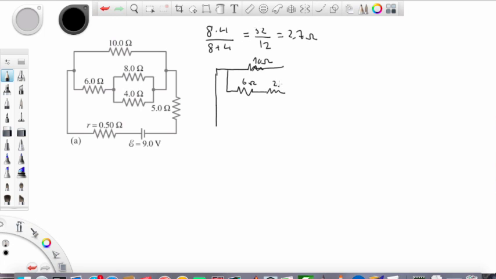Here we had 2.7 ohms, and then the rest is the same, so 5 ohms, and here we had 0.5 ohms and the battery. Now next, these two add up into 8.7. They're in series, so we just add them together.